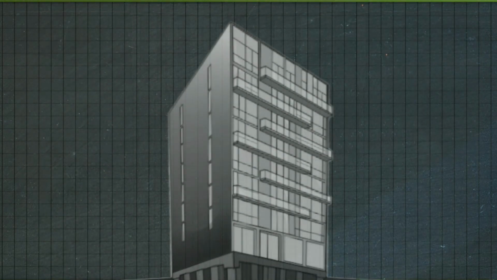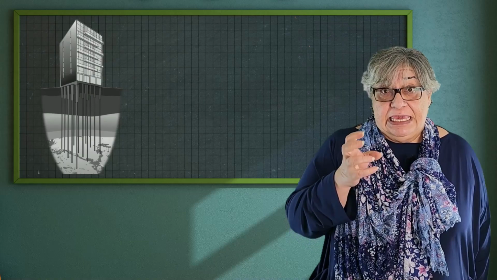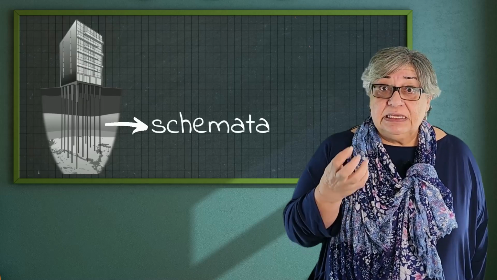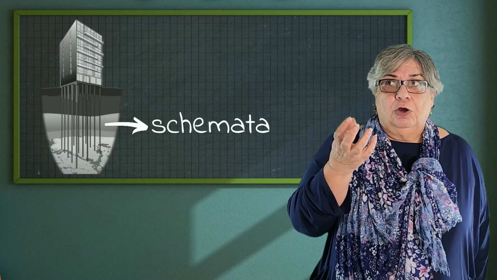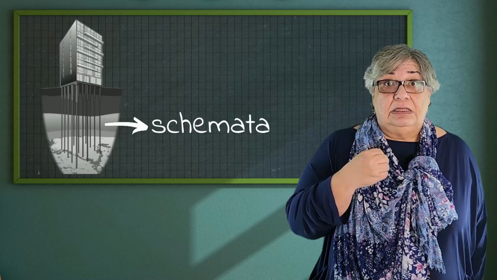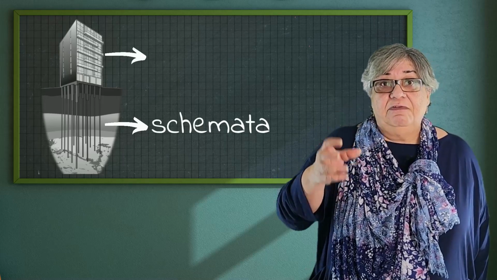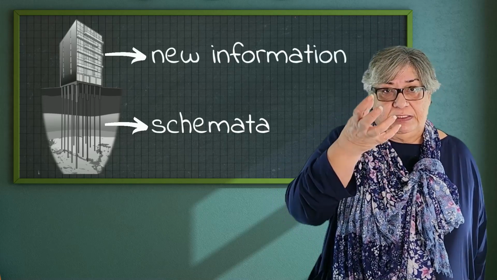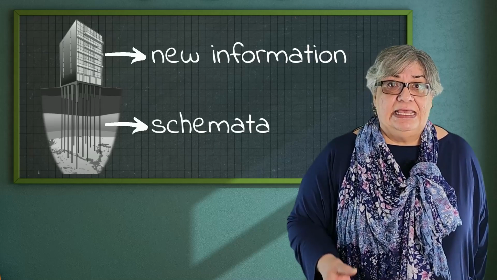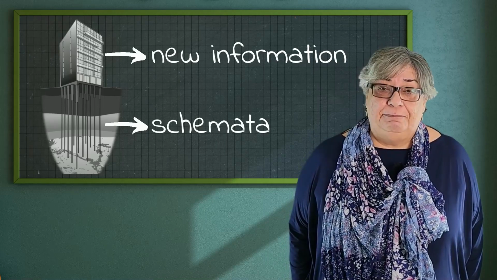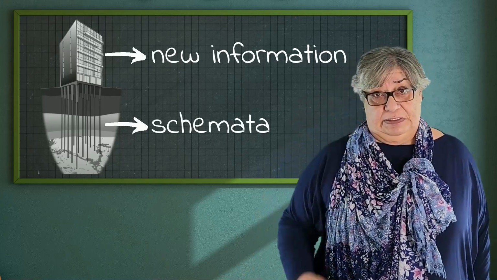The deeper the foundation of the building is, the stronger the building will be. Here, the foundation refers to schemata. Schemata is our previous knowledge and experience. And the building itself is the new information. So the deeper the schemata is, the stronger the new information will be kept in our competence.